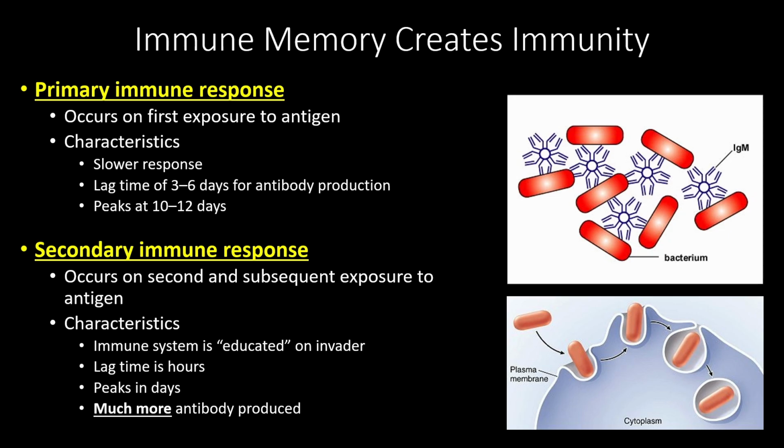There's a massive surge in antibody production that dwarfs the amount produced in the primary immune response. Often in your secondary immune response, you didn't even realize that you were sick because the infection was dealt with before it ever became a problem.